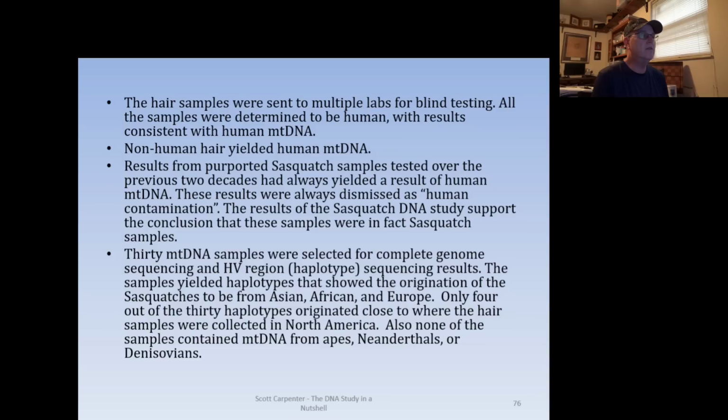Only 4 out of the 30 haplogroups originated close to where the hair samples were collected in North America. Also, none of the samples contained mitochondrial DNA from apes, Neanderthals, or Denisovans.